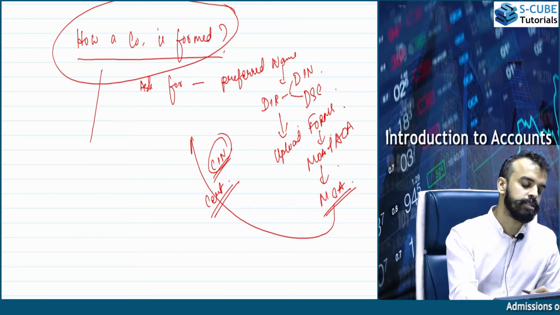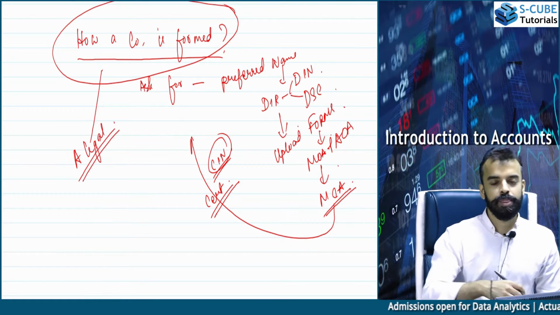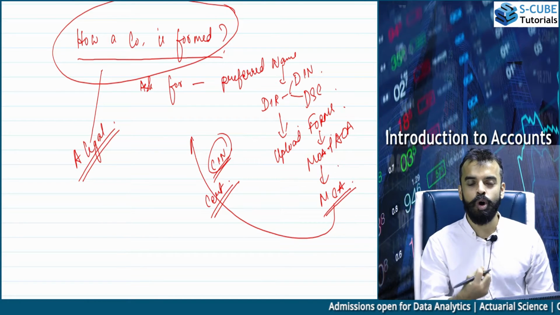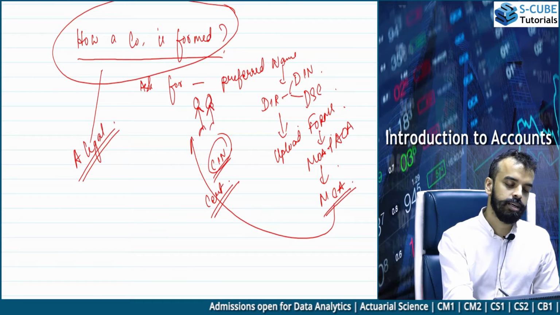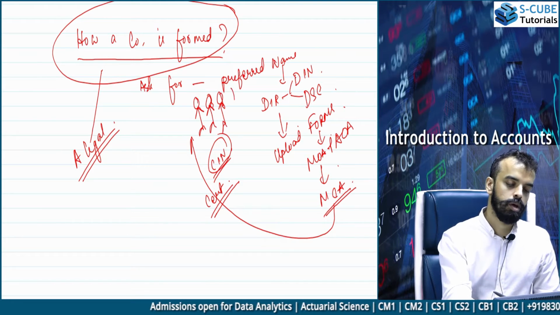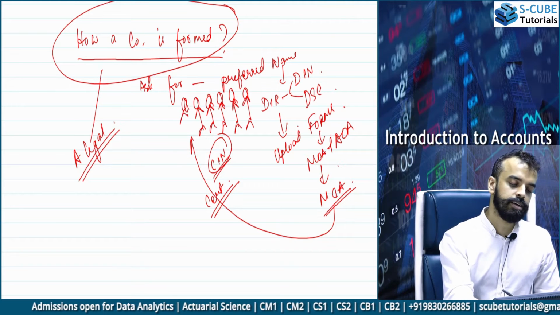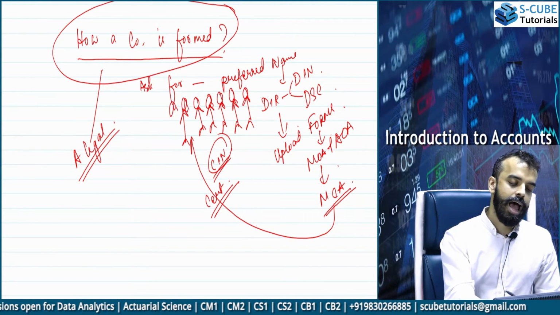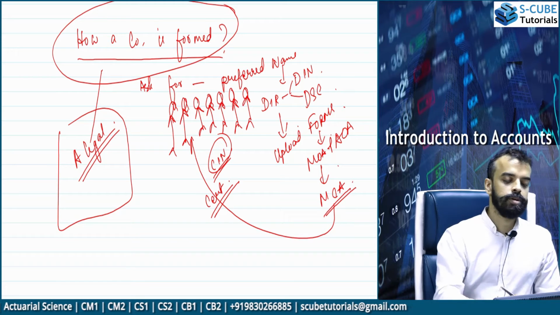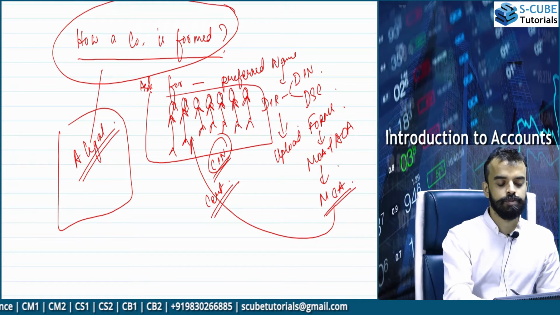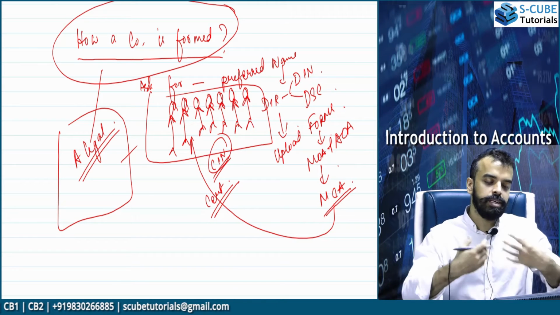A company is a legal person who has a different existence in the eyes of law from that of the members who have formed it. These are the members, let's say. These members are separate, and this company which is formed has a separate legal entity. Both are separate.